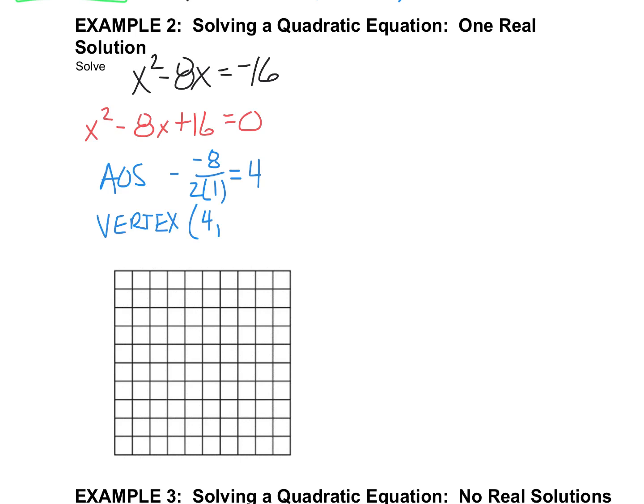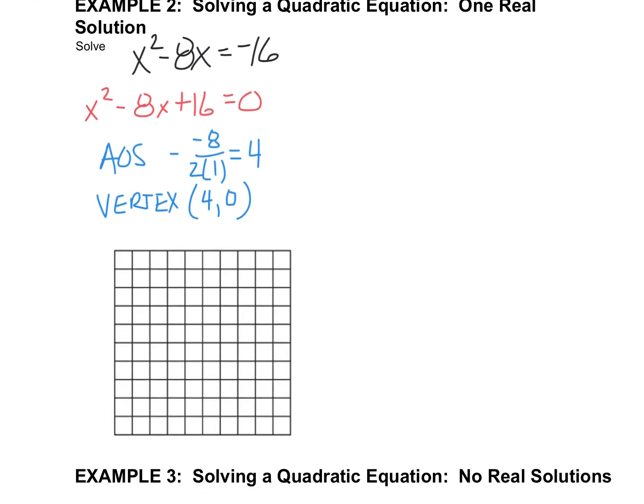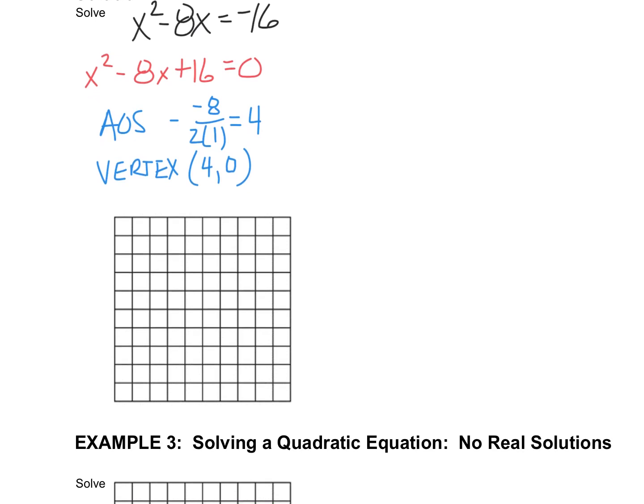And if I plug that in, I would get 4 squared is 16, minus 8 times 4, which is negative 32, would give me the negative 16, plus 16 does give me 0. So when I plug in that, I get 4, 0. So now what I need to do is start looking at my graph.